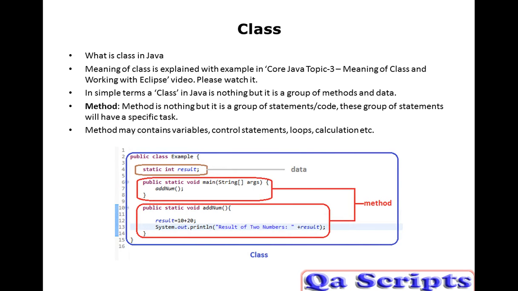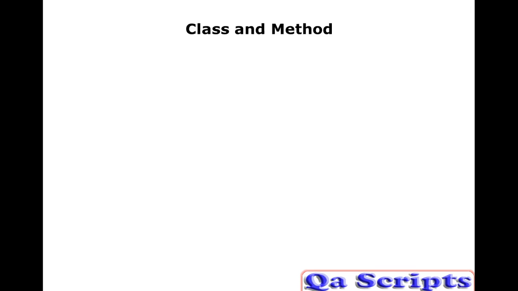Here is the picture which shows that a group of data and a group of methods are commonly called a class. As I said, group of methods, let us consider this is a group of statements.